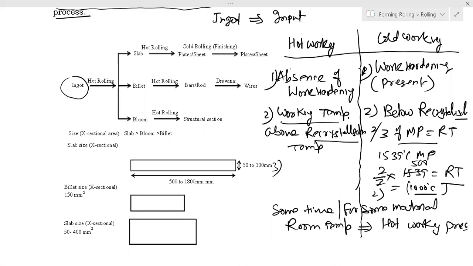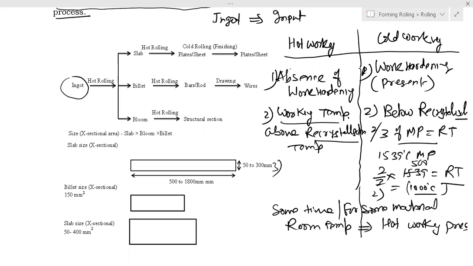Work hardening is absent in a hot working process because of recovery, because we heat it. There are three ways to change the mechanical property of a material. Students, it is a very fundamental question, and every mechanical engineer must understand this, because we are dealing with the material and its mechanical, physical and chemical properties.